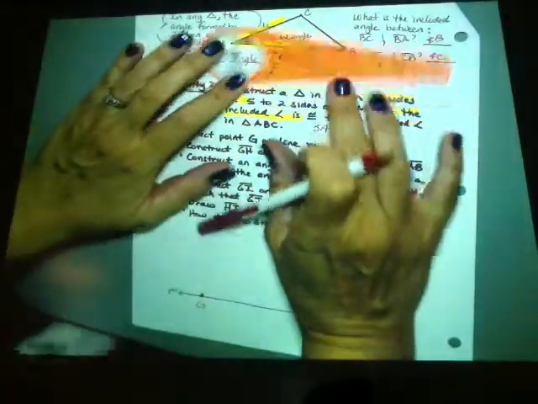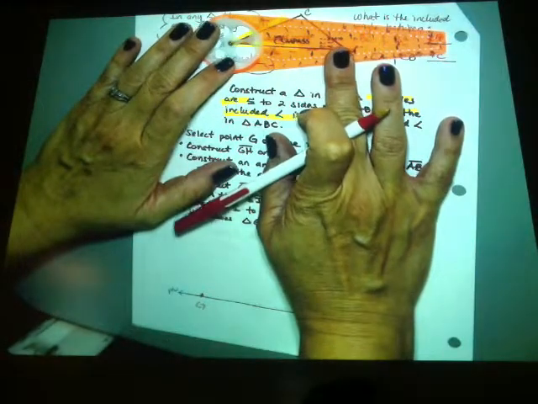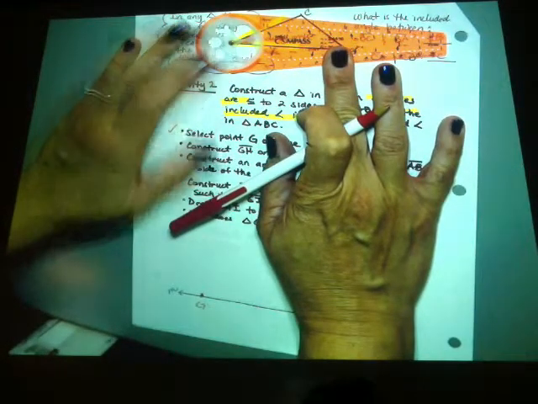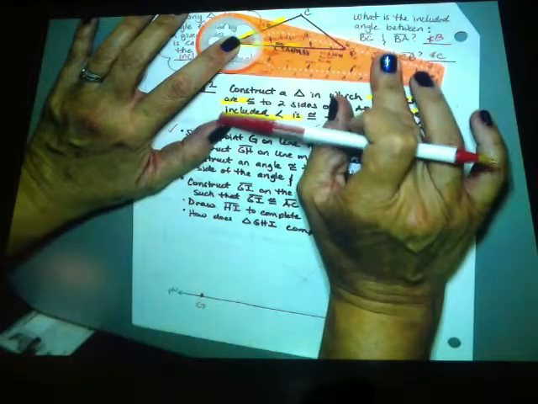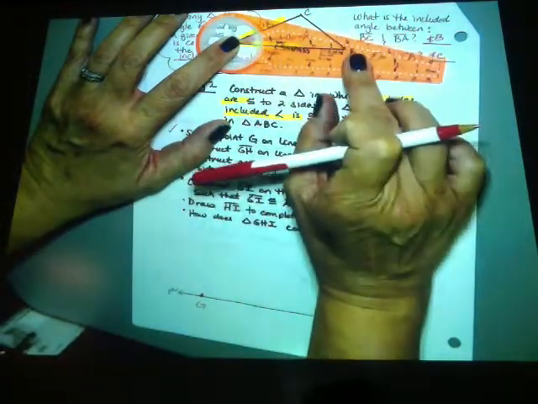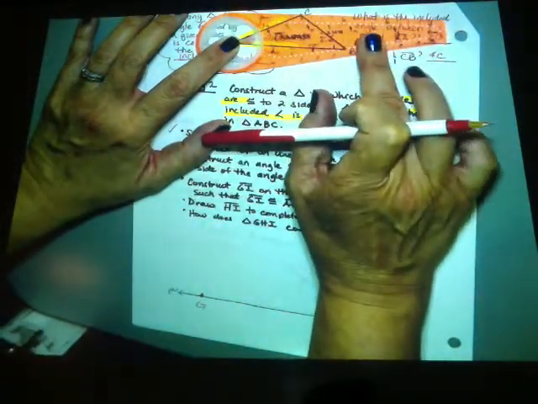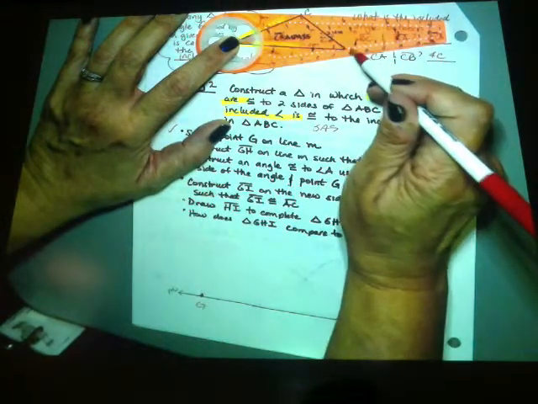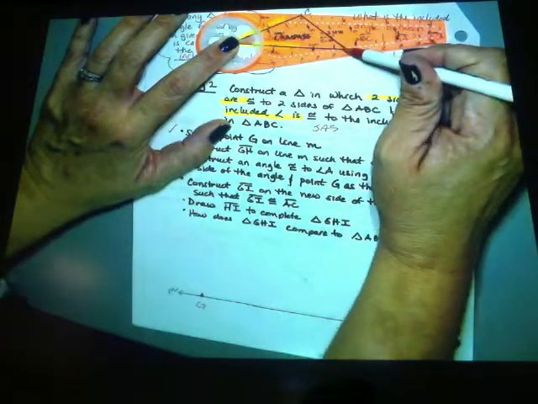Aaron, you're working with me. So same thing that we did on the last one. Put your brad or your pointy part at A. Find the distance from A to B, either with a proper hole or open your compass. Right, so here we are.